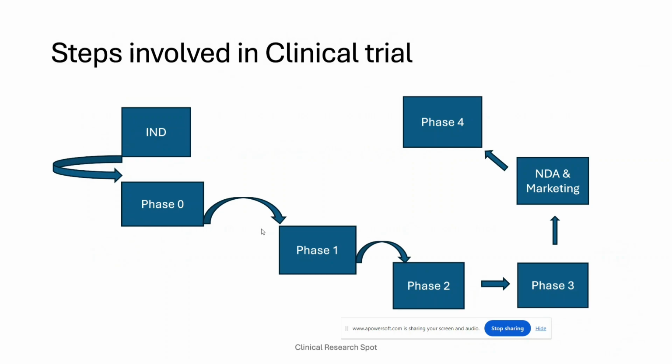Now let's see what steps are involved in the clinical trial. Actually, from this procedure, the clinical research professionals' work starts, beginning with the IND. There are different steps involved in the clinical trial. Each drug should undergo these procedures.